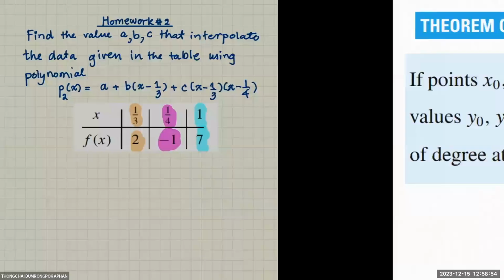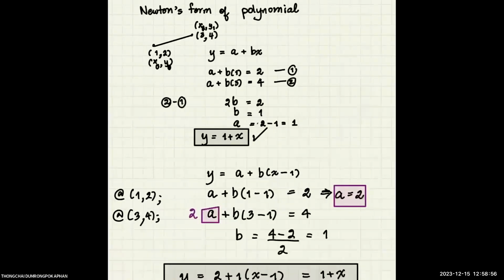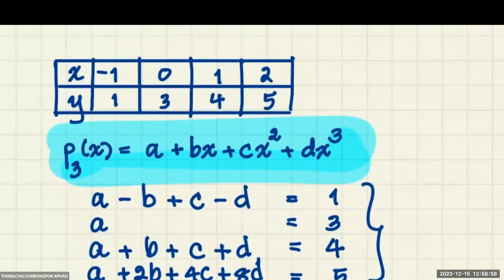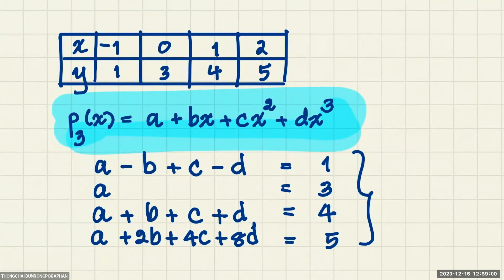If I have this data and I use the general form, you have 4 equations and 4 unknowns.